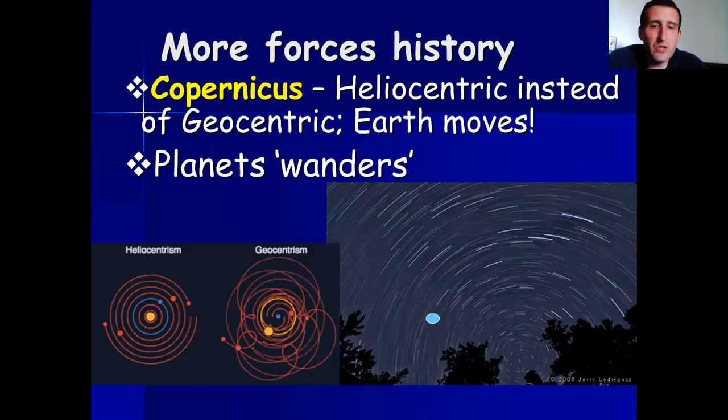So here we see the two different models: the heliocentric with the big orange dot, the sun in the center, and then all the known planets orbiting around it. And then the geocentric one, the little blue dot in the center, that's the Earth, and the sun going around the Earth, and then all these other planets doing strange things to account for what they actually do in the sky. You see some of them end up appearing to go backwards for a while, and that sort of thing.